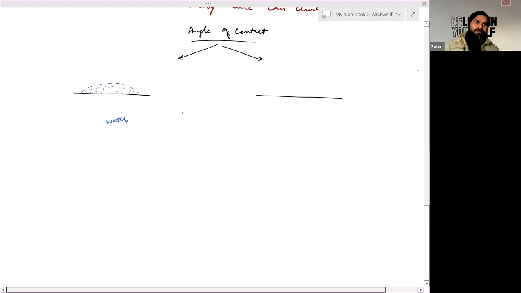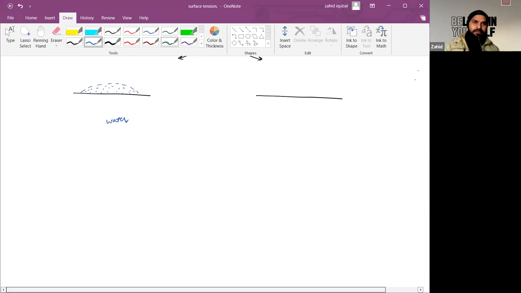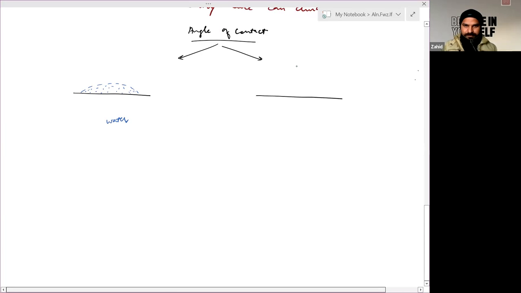In case of water. But if you drop mercury, it may acquire this type of shape. So on the basis of its geometry, we may define surface tension.